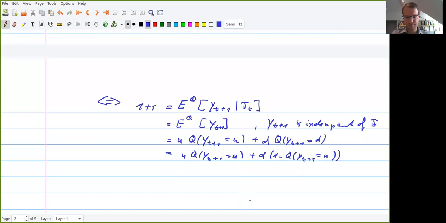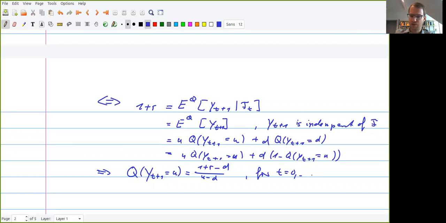Let us rearrange this to get the probability under Q that Y_{t+1} is equal to u, which is nothing else than 1 plus r minus d divided by u minus d. And this has to hold for all t from 0 to T minus 1.